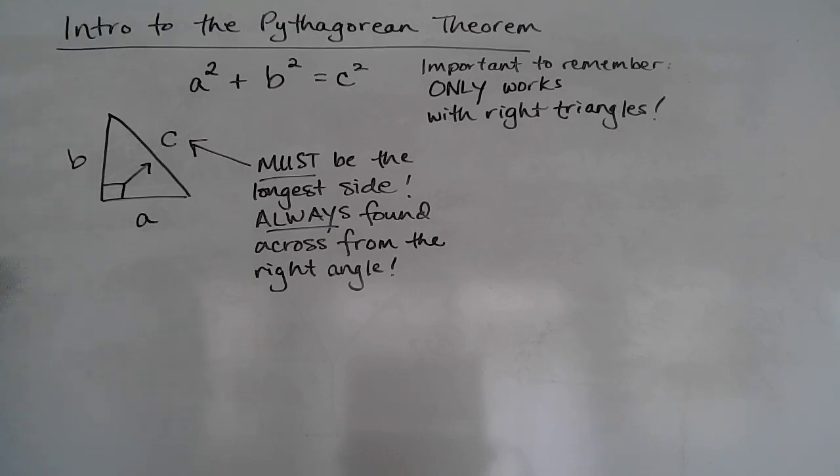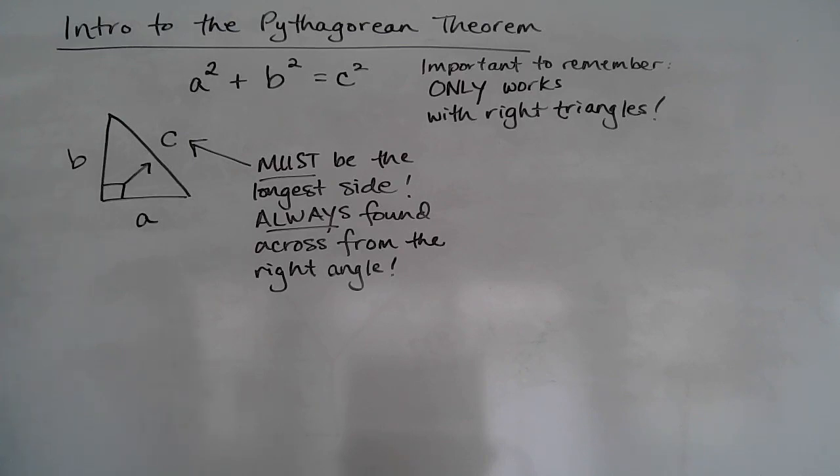If we have 180 in the corners here, we already have used 90 in this corner. 180 minus 90 leaves us with 90 degrees that are going to be split between these two corners. So neither one of these corners could also be 90 degrees because then we'd have nothing left for that third corner. So this has to be the largest angle, and across from the largest angle, you will have your longest side.